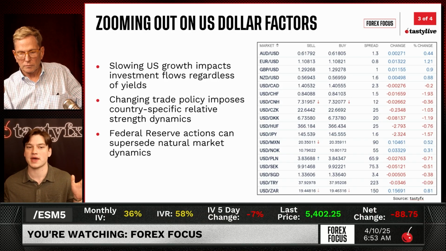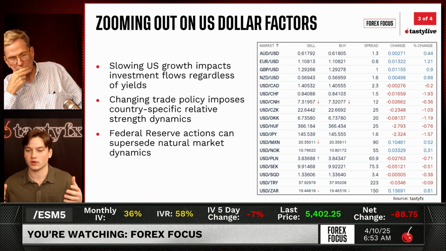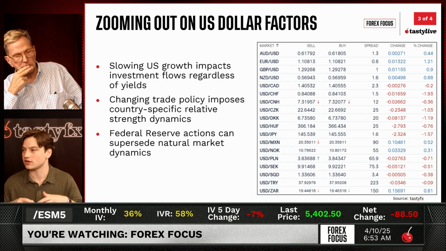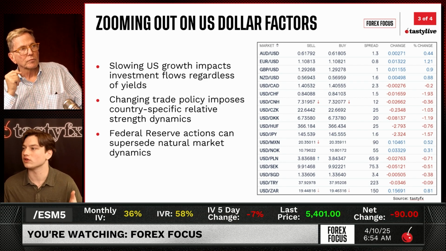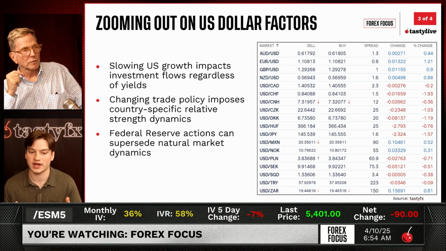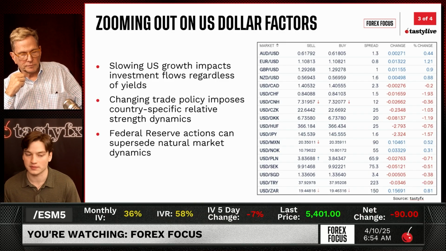If you zoom out on the macroeconomic landscape right now, we're coming off roaring inflation, coming off a lot of growth. So slowing growth would impact the forward-looking outlook on the U.S. economy. And that might lead to a slowdown in dollar demand, regardless of what Treasury yields are necessarily doing, because interest rates would be coming down from the Fed.